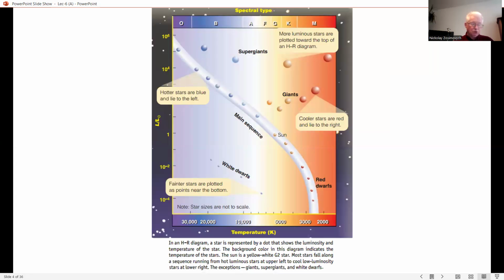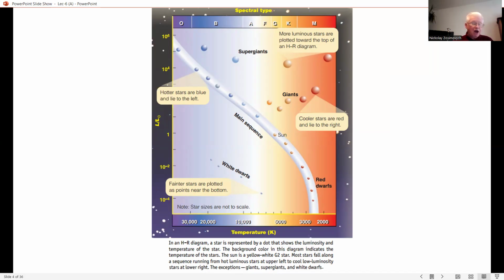Okay? So the HR diagram is a graph with luminosity on the vertical axis and temperature on the horizontal axis. A star is represented by a point on the graph that marks its luminosity and temperature.